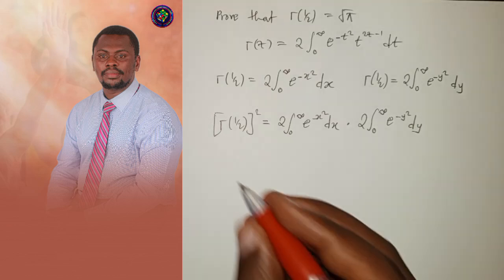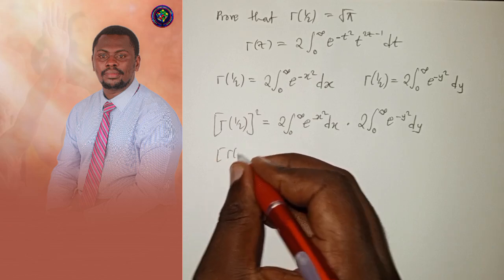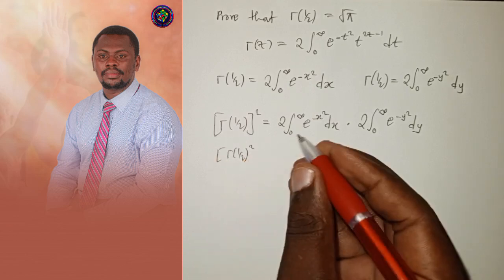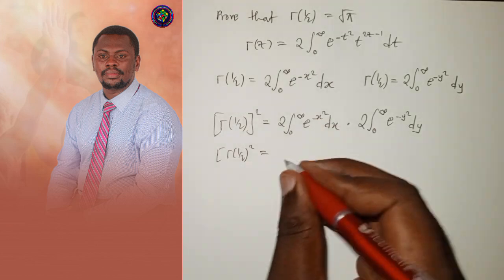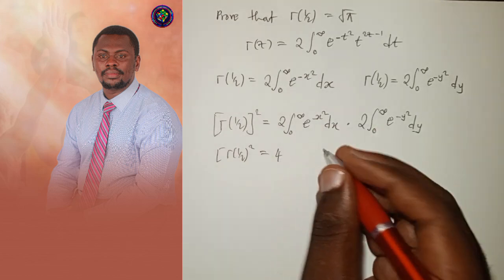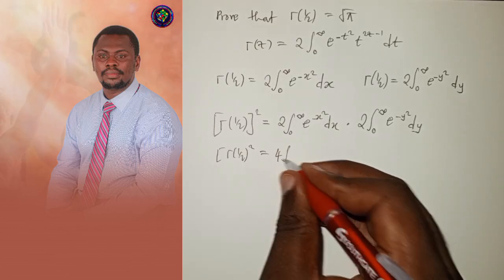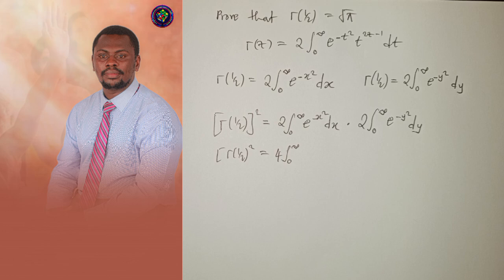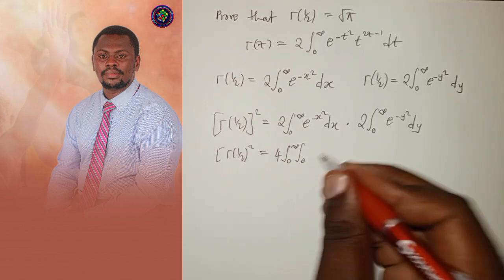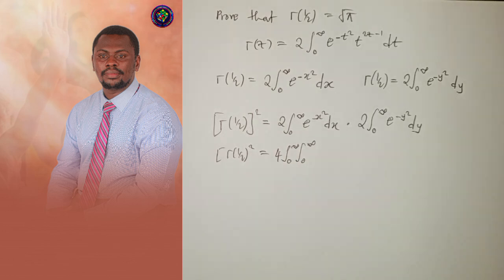So gamma of 1 over 2 squared is equal to 2 multiplied by 2 is 4, then integral from 0 to infinity, again integral from 0 to infinity.